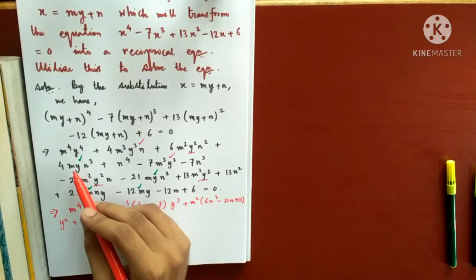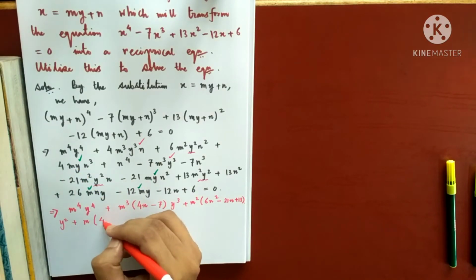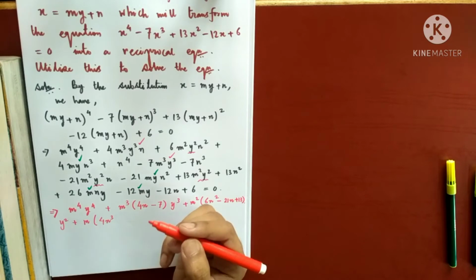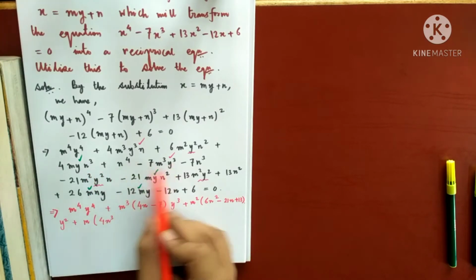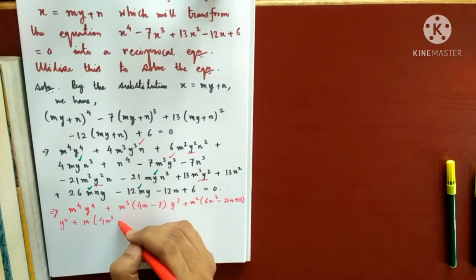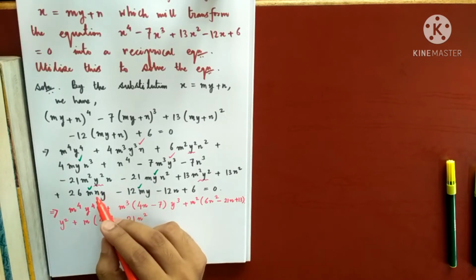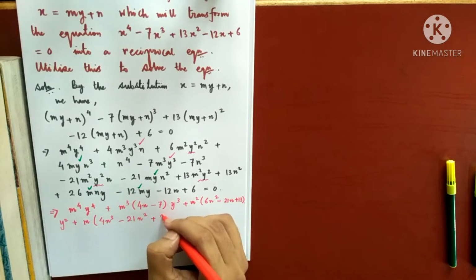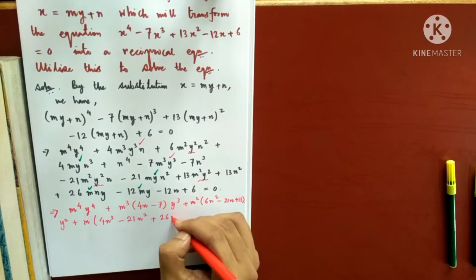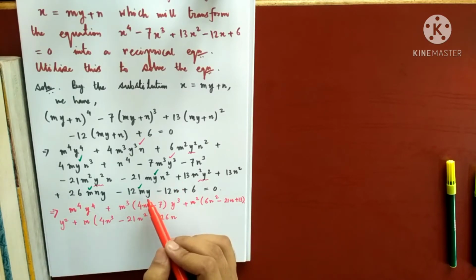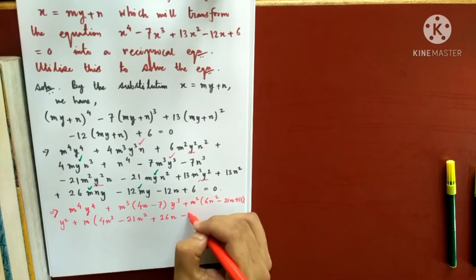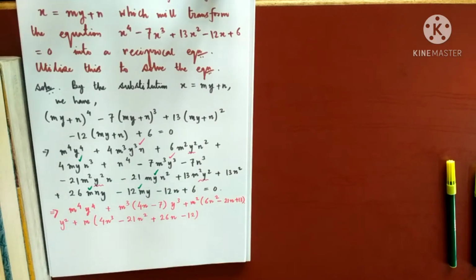So my is gone, 4n cube. Next was this. So minus 21 my gone, n square. Next plus 26 my gone, n. And then how much? Minus 12. We are getting this, right?